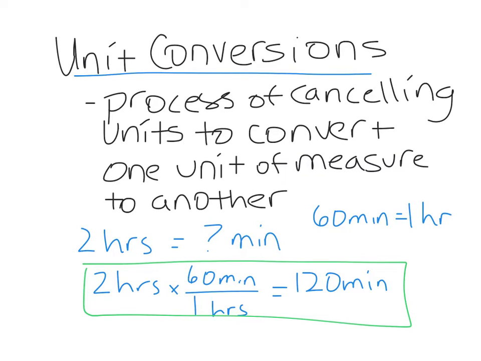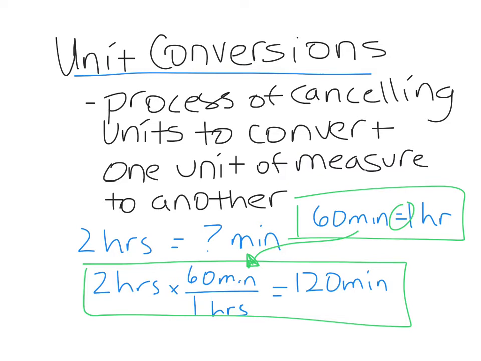This is exactly what's going on in your brain when you think of going from hours to minutes. This is just basically your brain spilled on paper. What we did was we took our conversion factor. Our conversion factor is any two things that are known to be equal. In this case, we know that 60 minutes equals 1 hour. They are equal. So that conversion factor can be put in this little setup right here. Every time, we are going to always make sure that our units cancel.